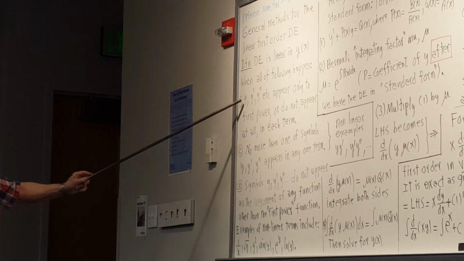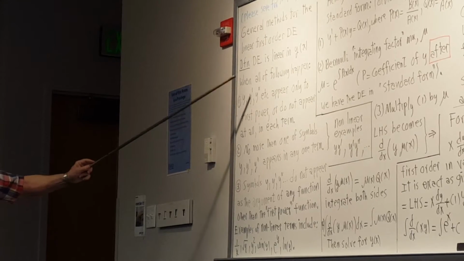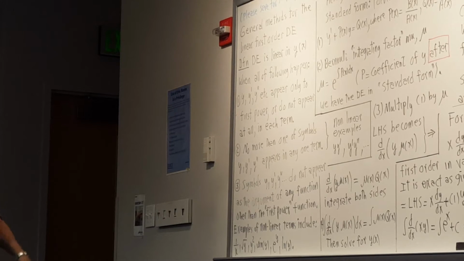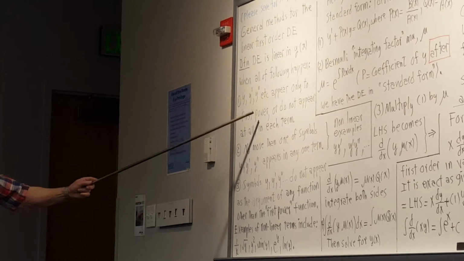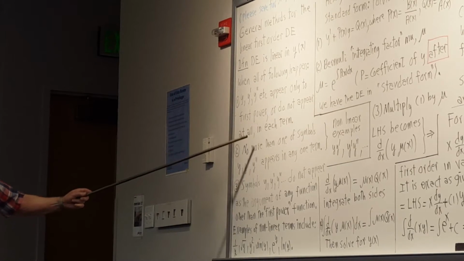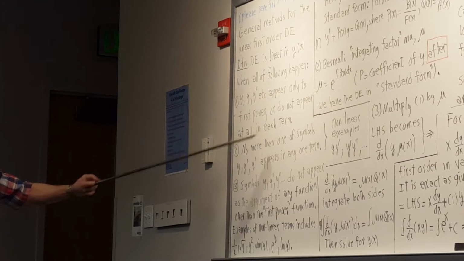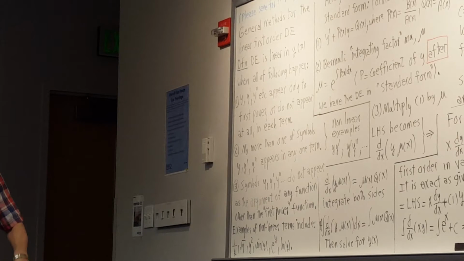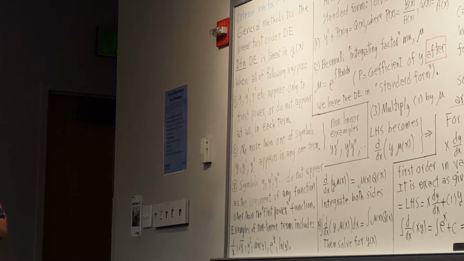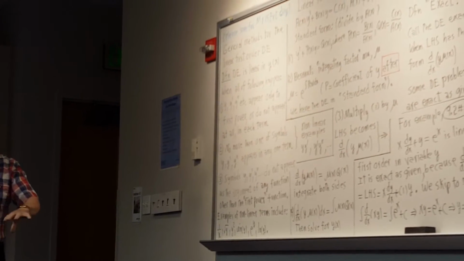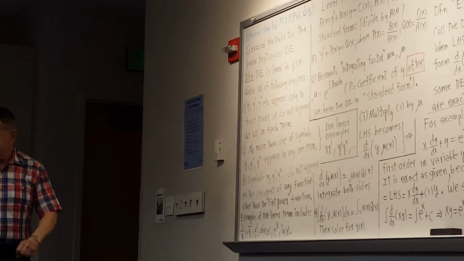So whatever order it might be, to be linear then, the y prime, y double prime, whatever there would be, will appear only to the first power, or else they don't appear at all in each term in the differential equation. So first power, by that I mean if you had a y squared, that's not linear because the squaring is not.